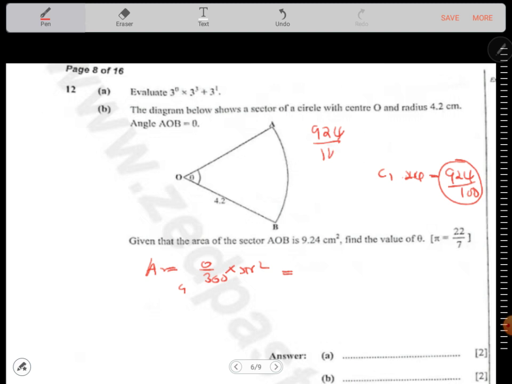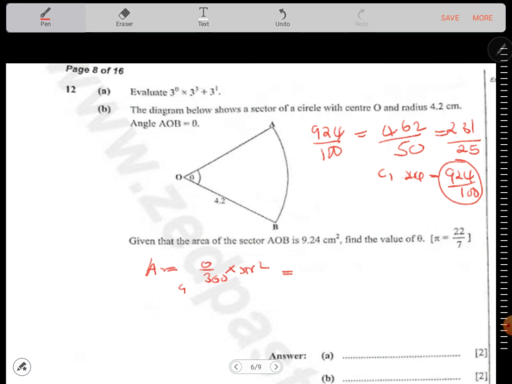924 over 100. If we divide it by 2, what are we getting? 924 divided by 2 gives 462, over 50. Can you still divide it by 2? You get 231 over 25. Okay, so we can reduce it to that.